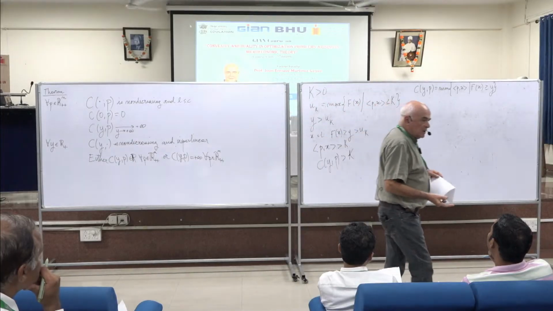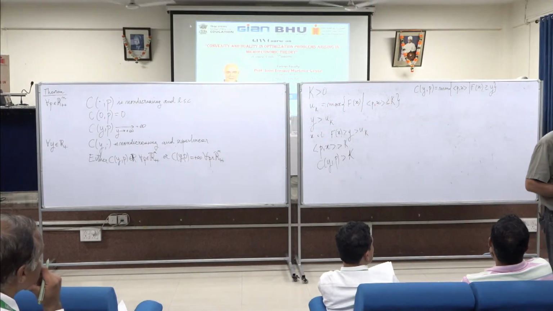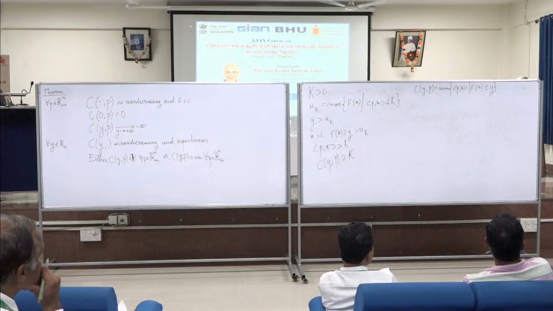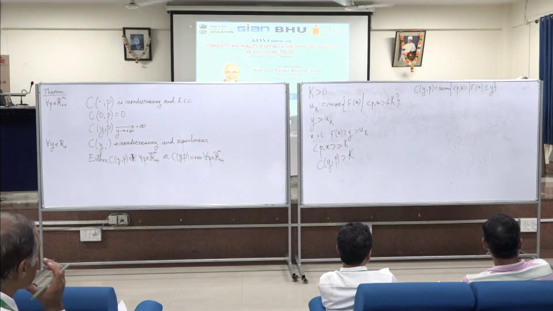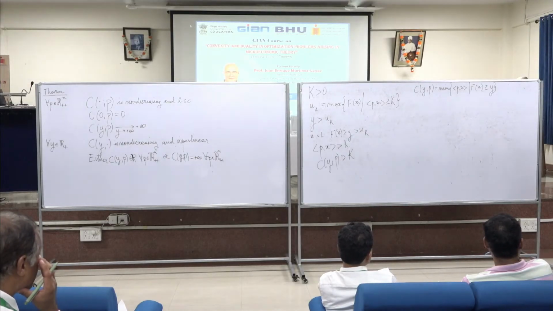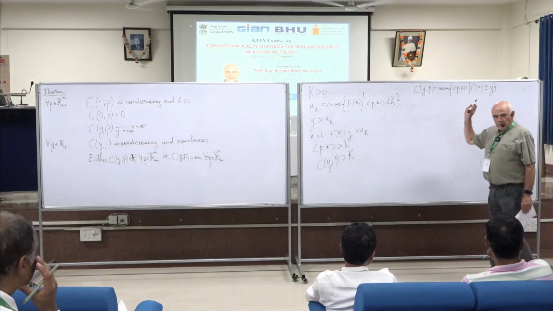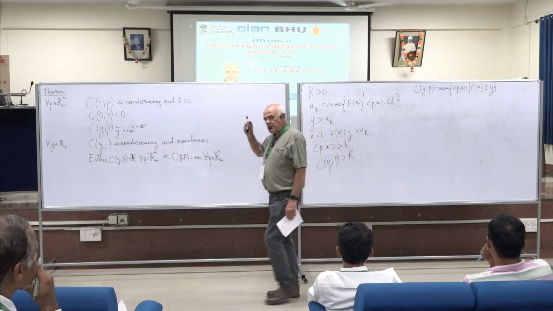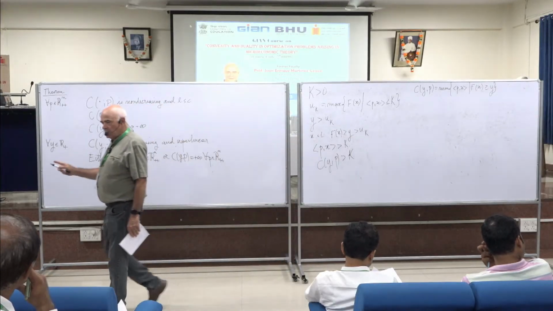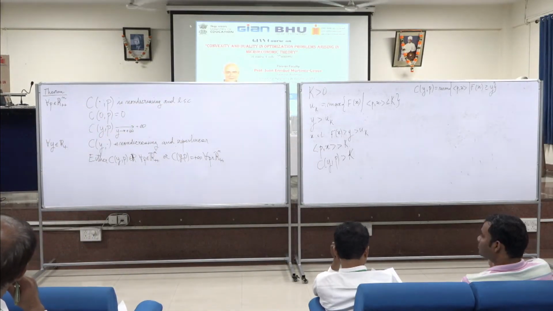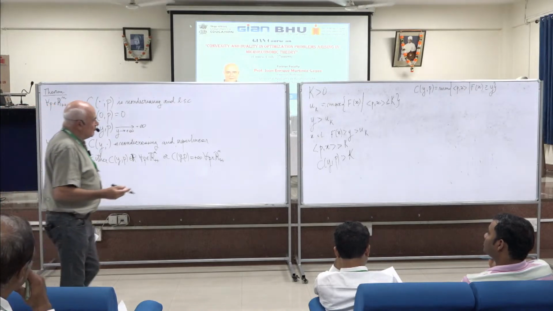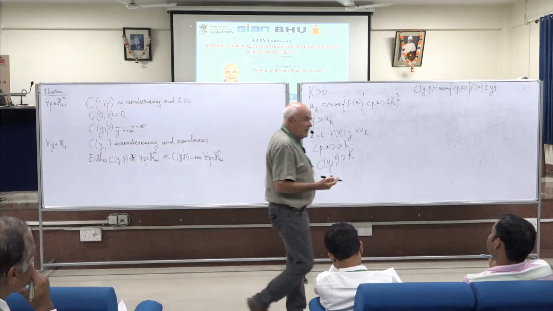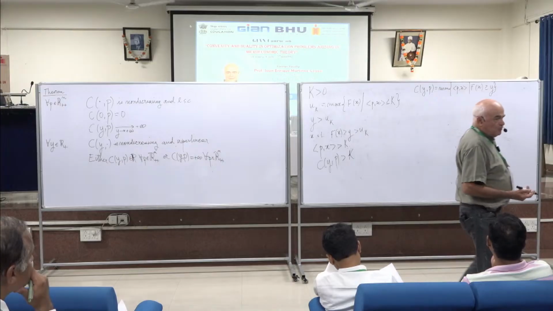But since you may not like this argument or may not be familiar with support functions, let me give a direct proof. I said superlinear means two properties. One, positive homogeneity of degree 1 and concavity. Positive homogeneity of degree 1 is obvious.